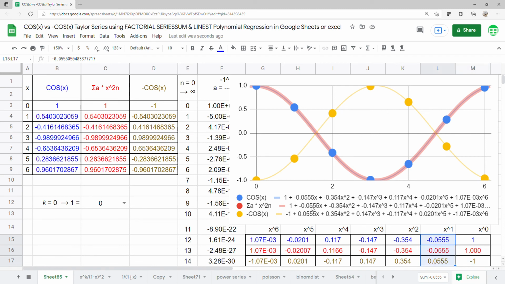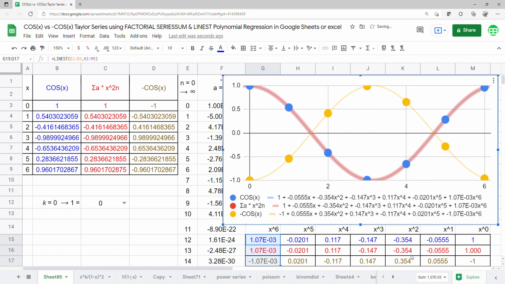Negative 0.0555 plus 0.0555 x squared, negative 0.354 positive 0.354 x cubed, negative 0.147 plus 0.147 x to the fourth, 0.117, negative 0.117, x to the fifth, negative 0.0201, positive 0.0201, and x to the sixth, 1.07 times 10 to the minus 3, and negative 1.07 times 10 to the minus 3.